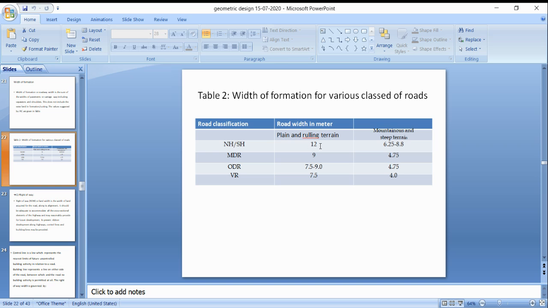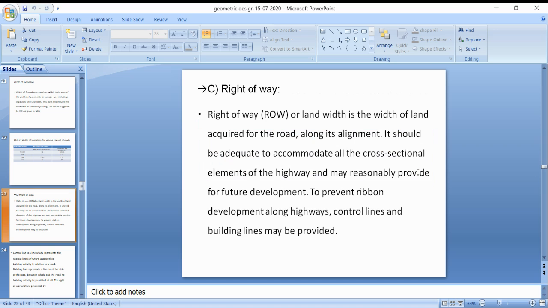For national highway or state highway, in plain areas it is 12 meters, and for hilly areas 6.25 to 8.8 meters. For major district roads it is 9 meters, and for hilly areas 4.75 meters. For other district roads it is 7.5 to 9 meters, and for hilly areas 4.75 meters. For village roads it is 7.5 meters in plain areas, and for hilly areas 4 meters. Like that we are giving the widths.